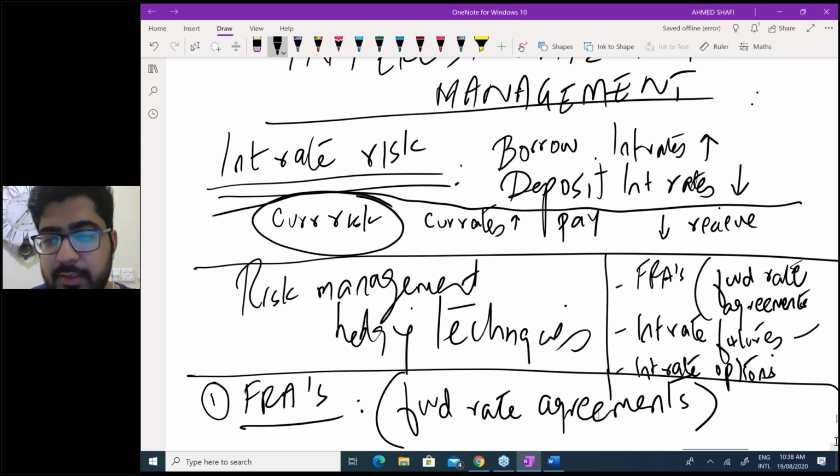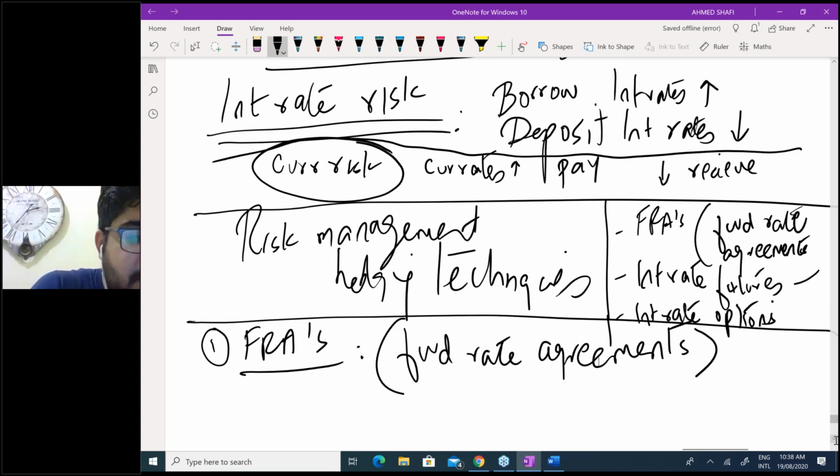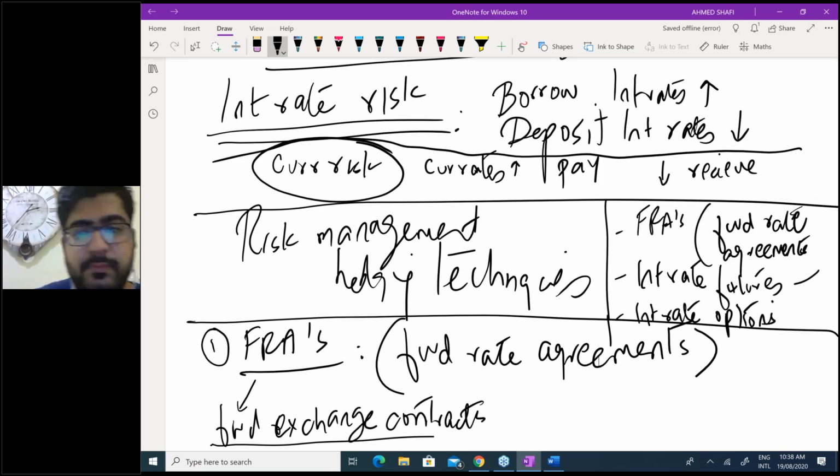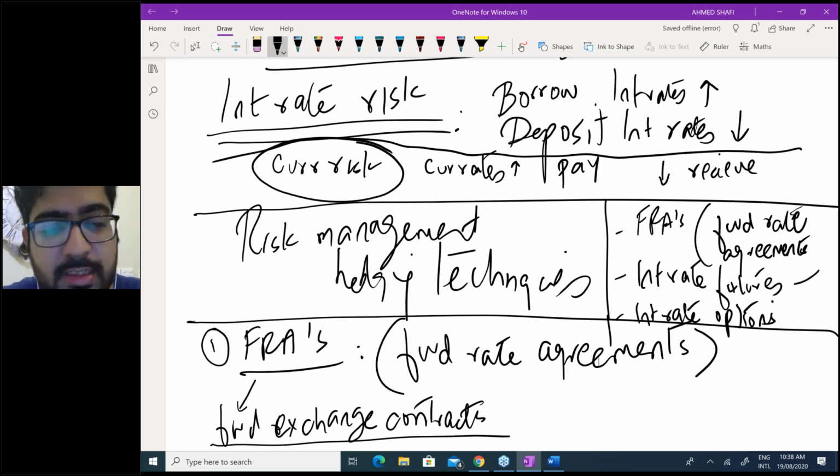Okay, what are FRAs or forward rate agreements? They are just like forward exchange contracts. The mechanism is just like forward exchange contracts.